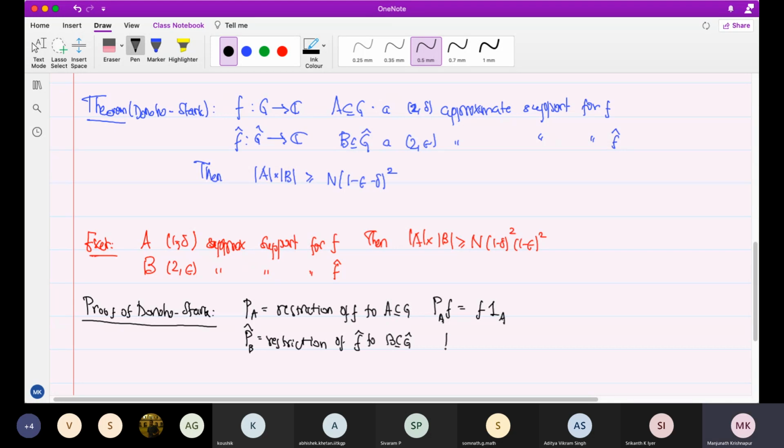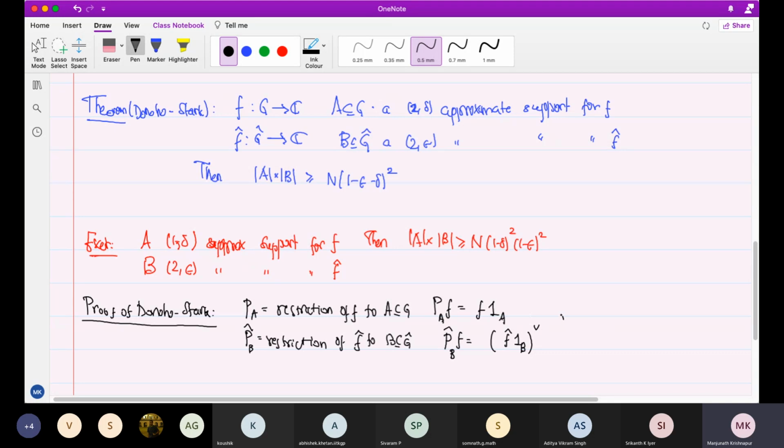What that means is it still acts on f. So I write P_B hat f: you take the Fourier transform, restrict it to B, and then take the inverse transform. So you go to the Fourier transform, then restrict it and come back.